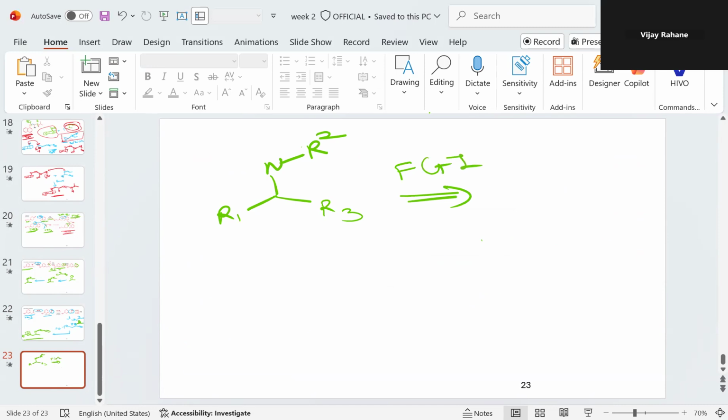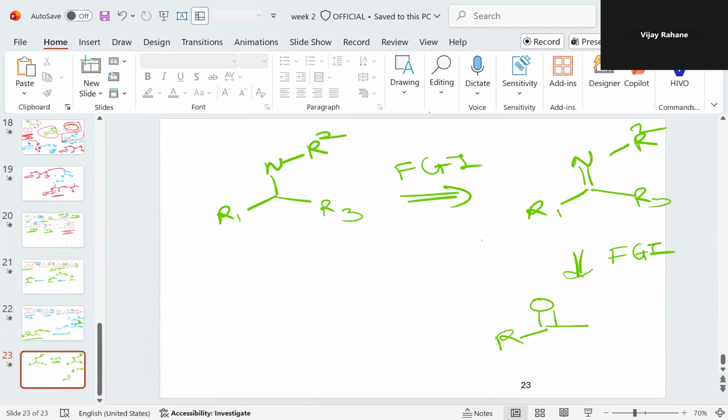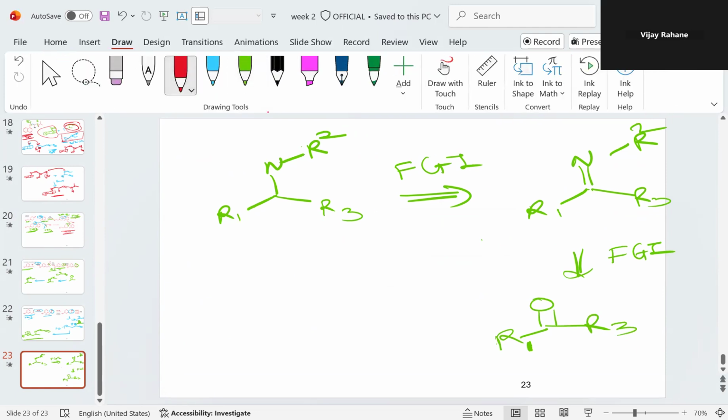This can come from R1, R3, and NR2. This amine can come from the imine, right? And this imine can come from, again, functional group interconversion. This can be from this keto. So have you understood this concept of functional group interconversion? FGI.